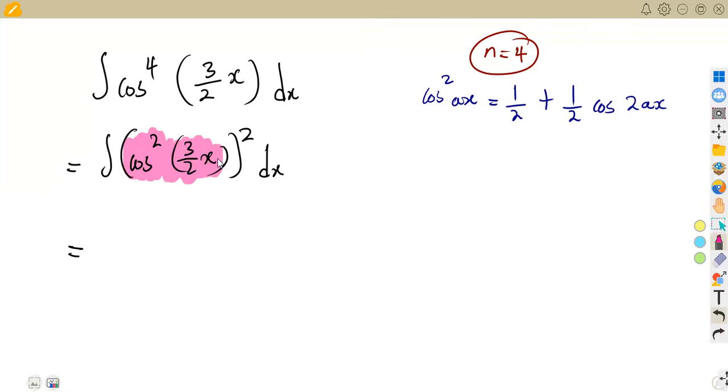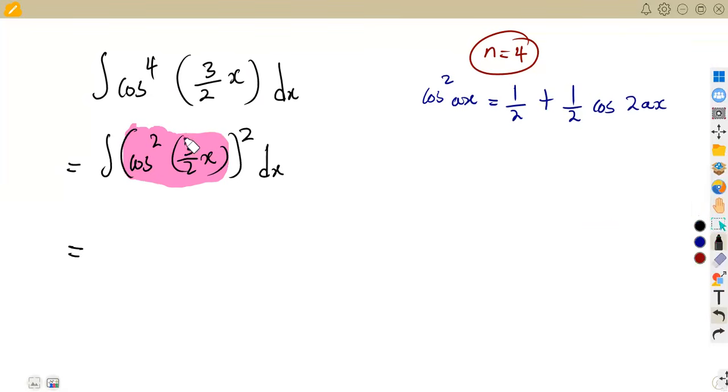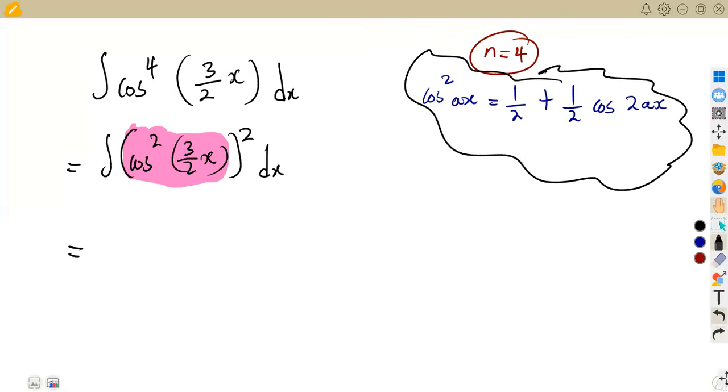What is the equivalent of this part here? There are two things that we are considering. There is a square on cos. The one that I want us to deal with is the one inside the bracket, the cos squared x. This is the one that you're supposed to use this identity on.